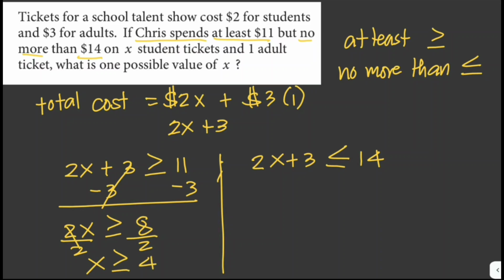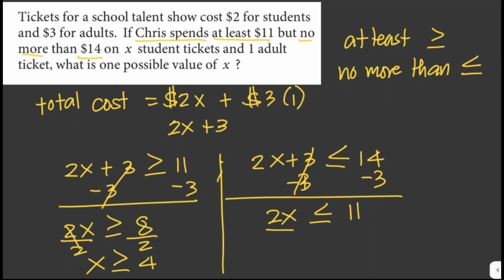And the other expression, no more than $14. So we subtract 3 from both sides. This cancels out, so we have 2x less than or equal to 11. We divide both sides by 2. So x here is less than or equal to 11 over 2, or 5.5.